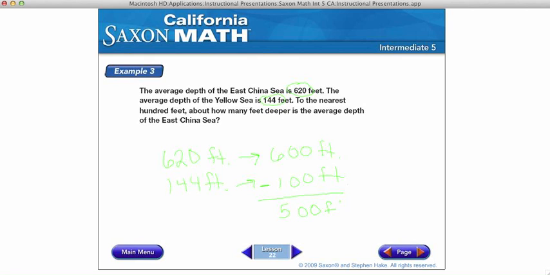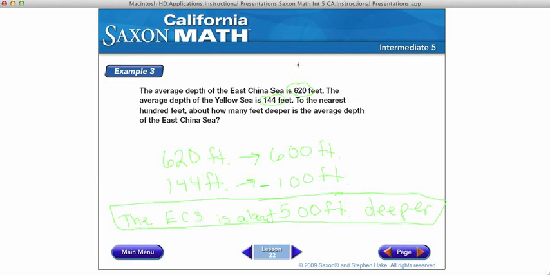And the East China Sea is about 500 feet deeper. Of course, you will write this on a separate sentence. Okay, and so there's my answer.